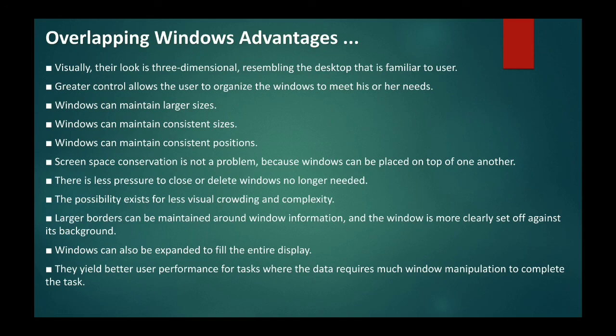Some portion is visible, and the remaining portion is hidden behind the upper window. In the example we have seen, the second window is behind the first one, so some portion of the second window is visible and the remaining portion is hidden behind the first one.